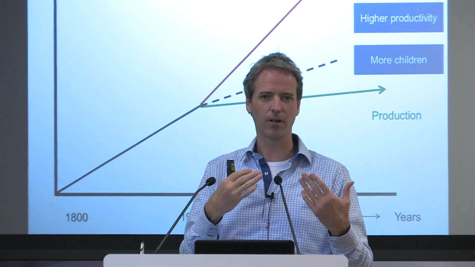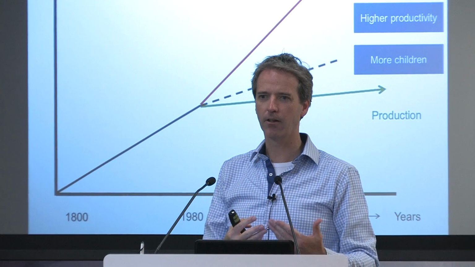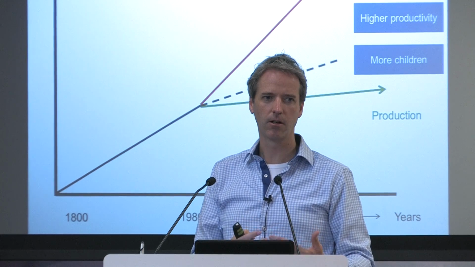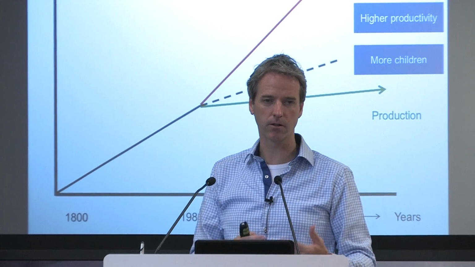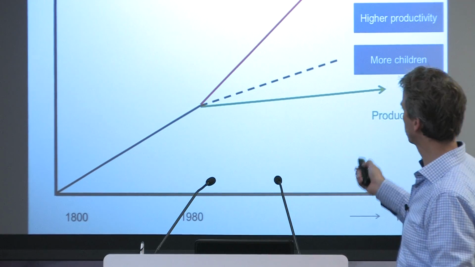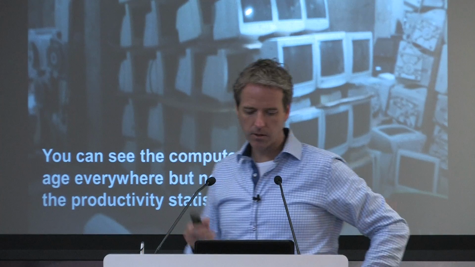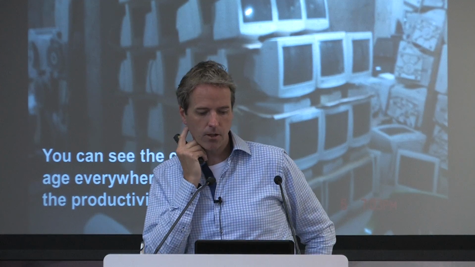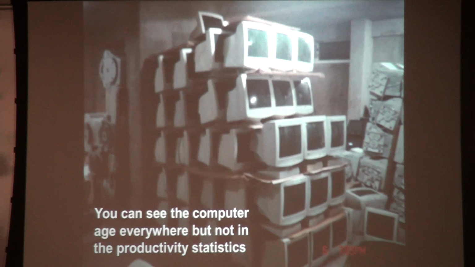So we are information workers, and our productivity only doubled since 1970, since the computer came. Only doubled. That's not enough to solve this problem. The famous economist Robert Solow, a Nobel Prize winner, said we see computers everywhere except in the productivity statistics.